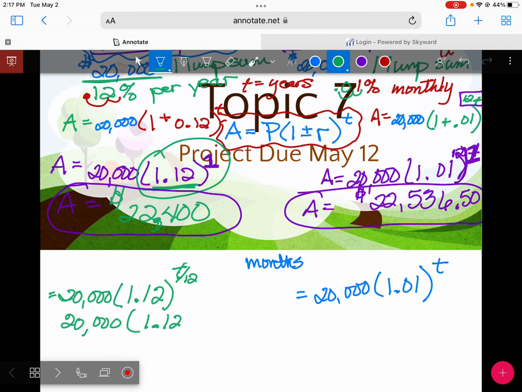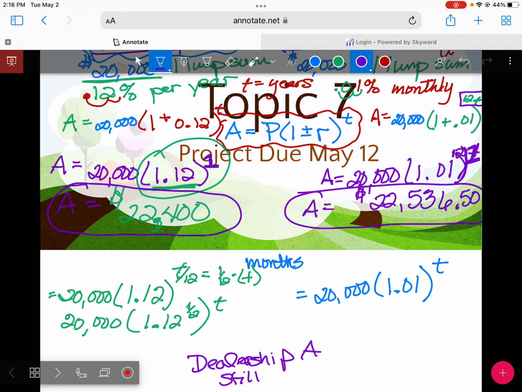I would take the 1/12 and say 1.12 to the 1/12 power, because this is really 1/12 times T, right? I would separate it and say, okay, the 1/12 goes with the number and the T comes on the outside. And when you multiply it all together, dealership A still is going to have the better buy for you.